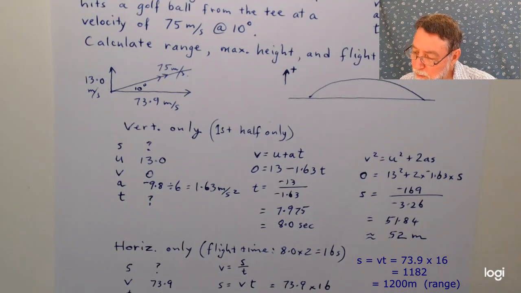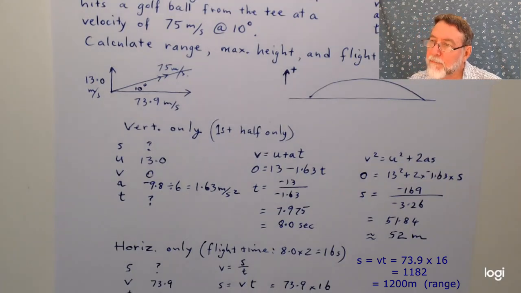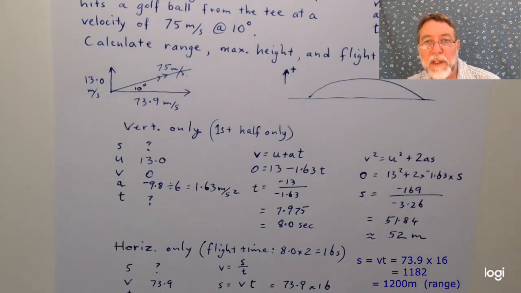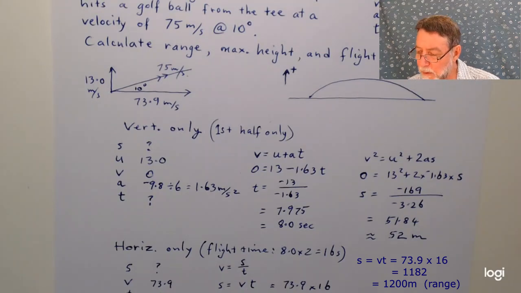Don't want to be too fussy about it. That's only 1% error anyway between here and here, so it's pretty close. So there's the range. That's a long way. That's 1.2 kilometers. Imagine being able to hit a golf ball and it goes 1.2 kilometres. Wow. And it's just because the gravity is a sixth of what it is on the Earth.